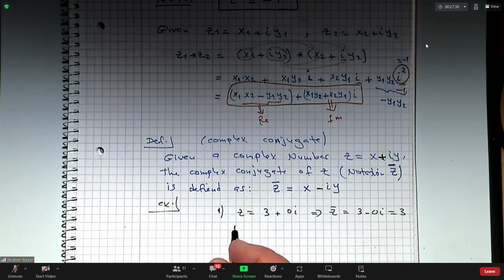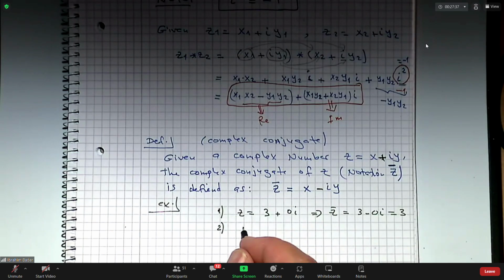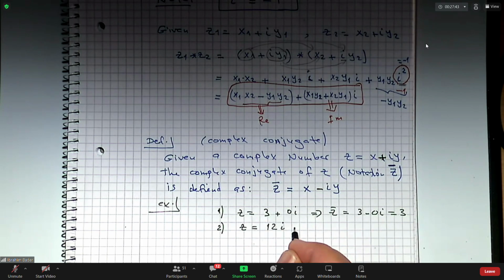Let's take a pure imaginary number. Z equals 12i, which by default is 0 as the real component plus 12i. So Z bar, the conjugate, is just minus 12i. Here I change the sign of the imaginary part.